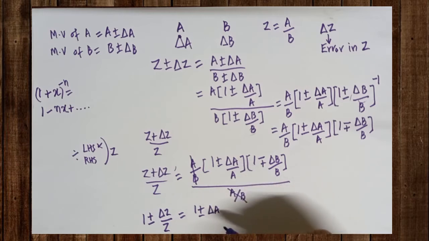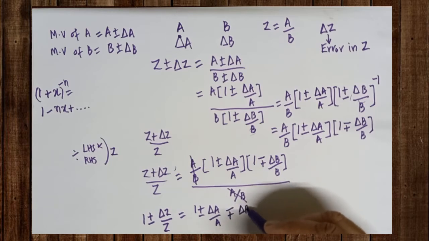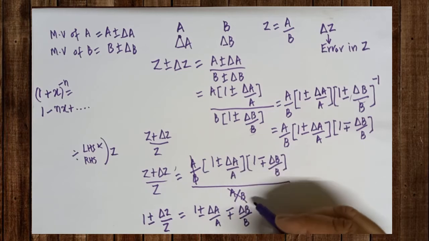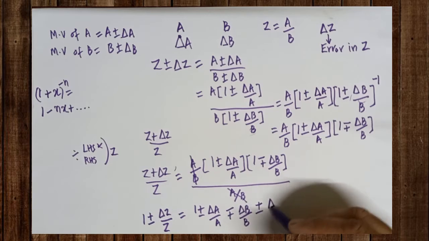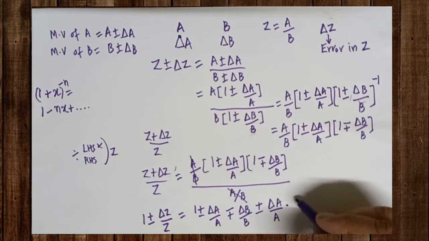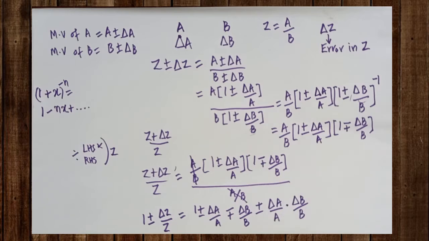After multiplication you will get 1 plus or minus del a divided by a minus plus del b divided by b, and these two to be multiplied: minus plus minus del a divided by a times del b divided by b. In that format we can write. Individually each factor is multiplied here.